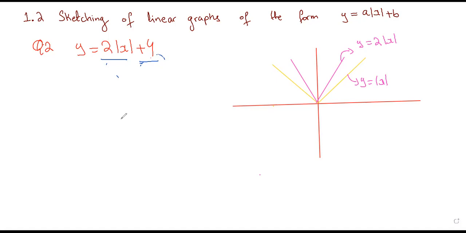Okay, so for plus 4, we need to shift the graph. How do we shift the graph?